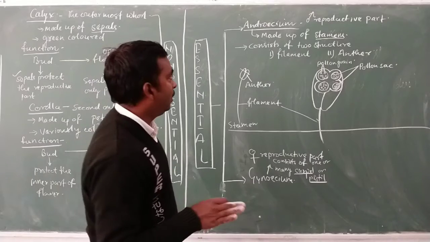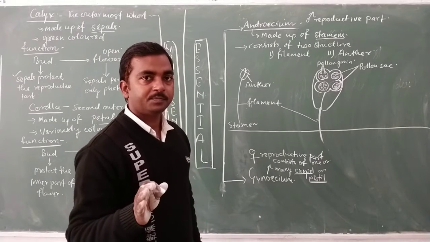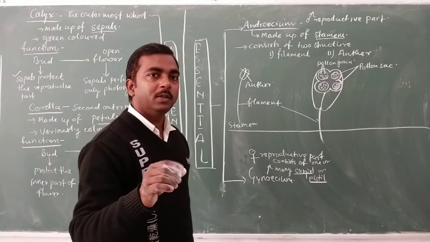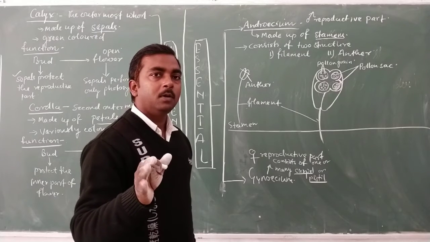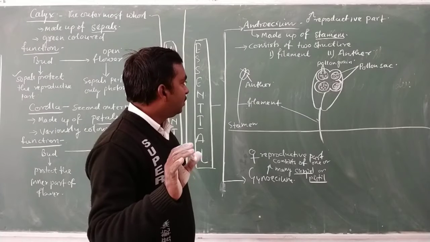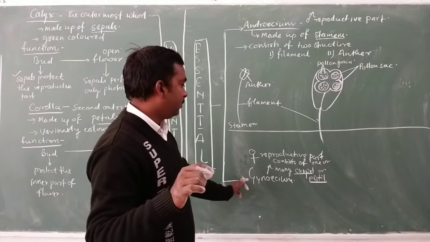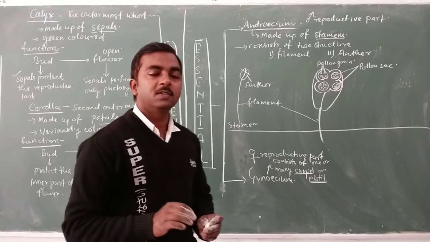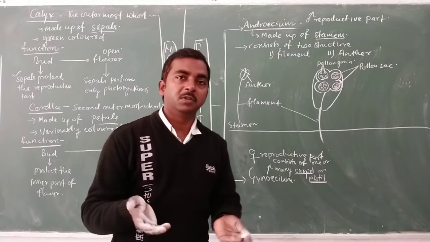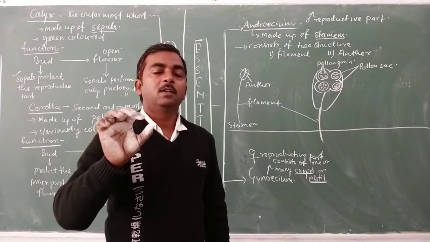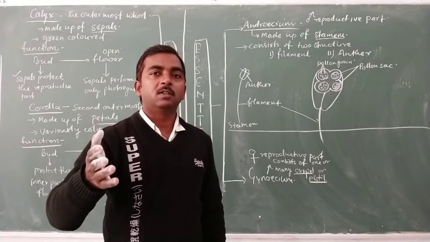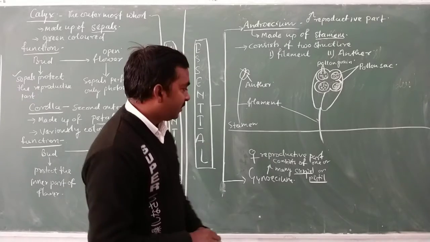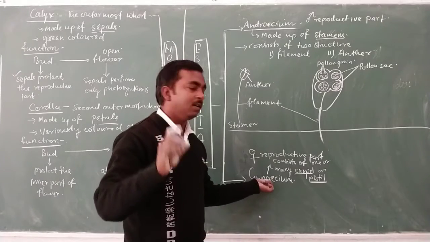In all parts of the flower, there may be a single component, or they may consist of many in number. So these numbers of components of similar structure are commonly known by a single word.